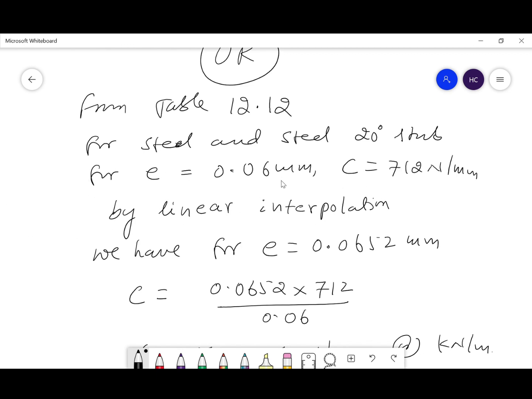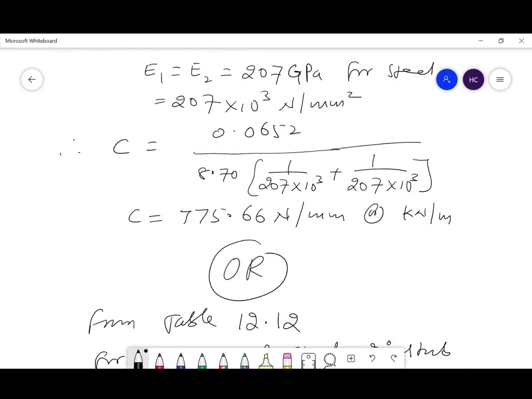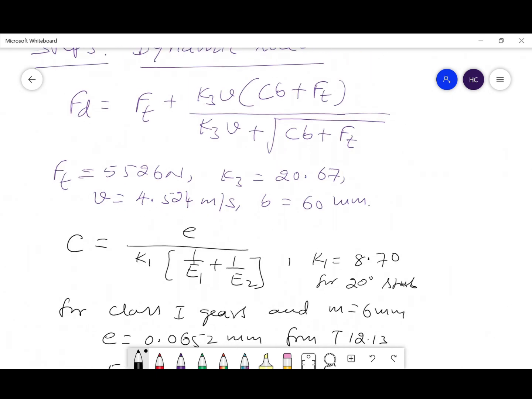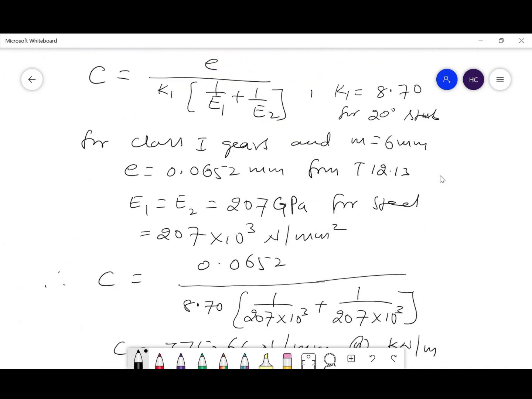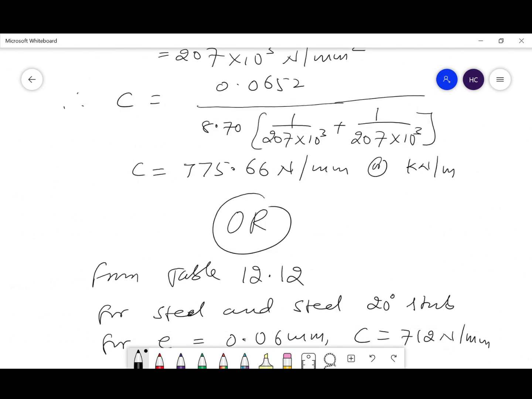So by linear interpolation, we need it for E is equal to 0.0652 mm, because the error we found from table 12.13 for class 1 gears and module M is equal to 6 mm is 0.0652 mm. So for that error, we need to find out the C value from the table.